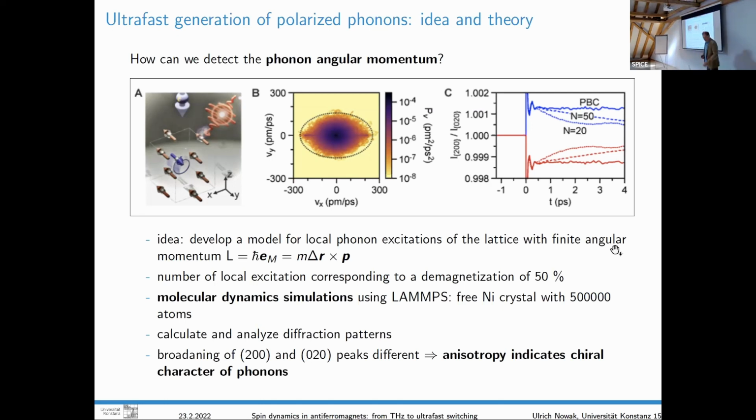And the interesting point is that you get an anisotropy of the motion. If you have the magnetization in one direction, the angular momentum would be aligned with this direction, and the displacement and the velocity would be perpendicular to the spin direction.